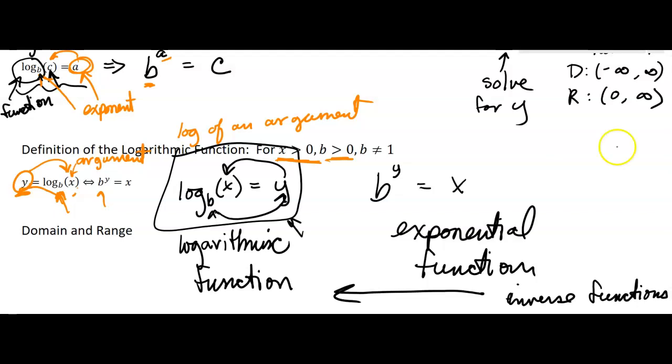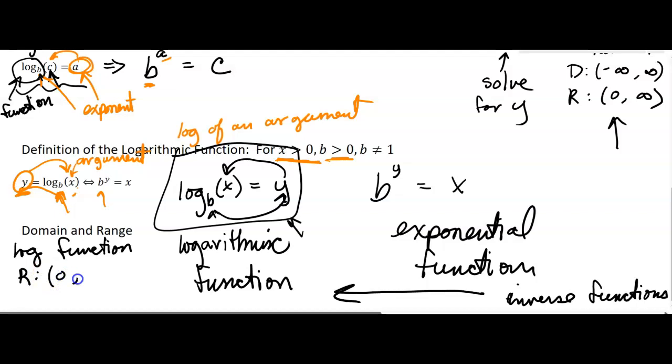So remember, for our exponential function, the domain was negative infinity to infinity, and the range was 0 to infinity. So for a log function, the range is going to be from 0 to infinity, and the domain is going to be all real numbers.